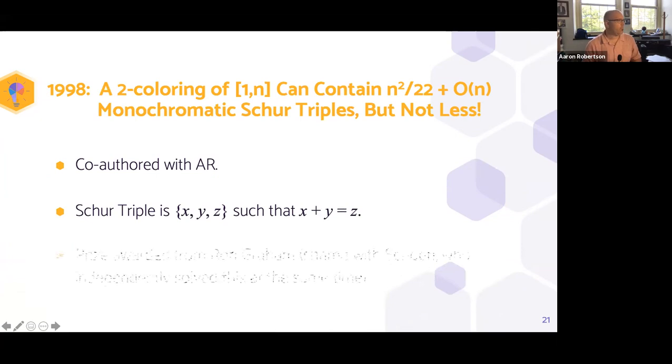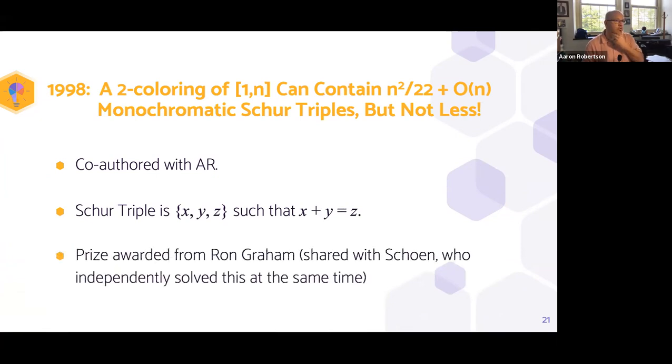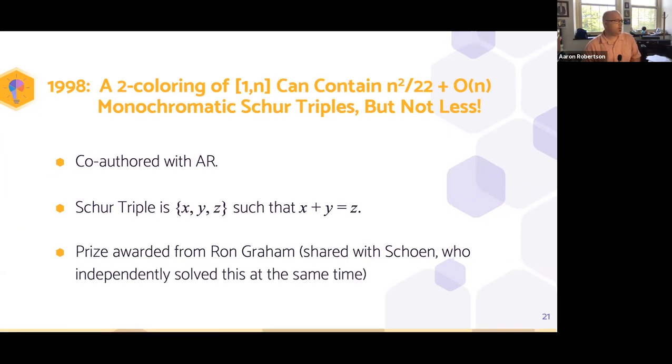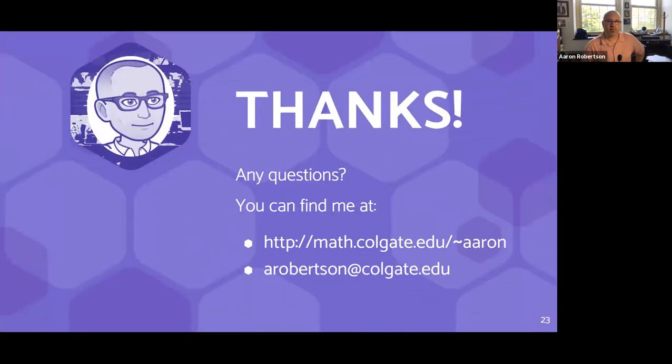And I assume, but I don't know for sure, that he got this from a conference where Ron Graham provided the question. And this is the first explicit Ramsey theory paper, and he's had a few since then, but that's what I found from going through all of his papers.